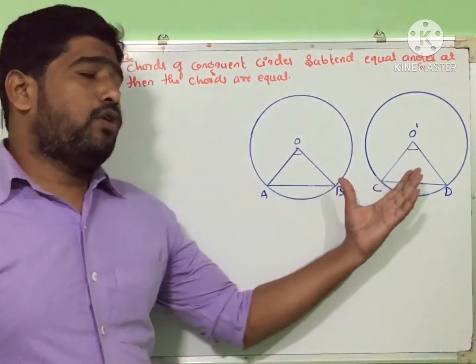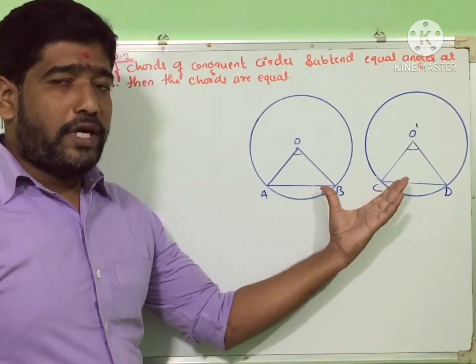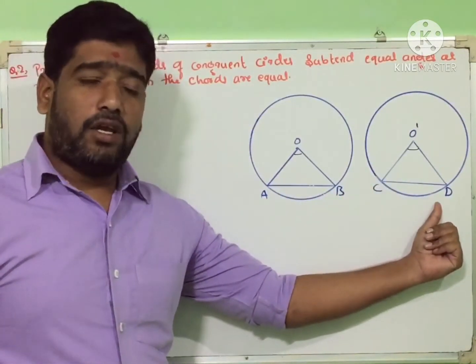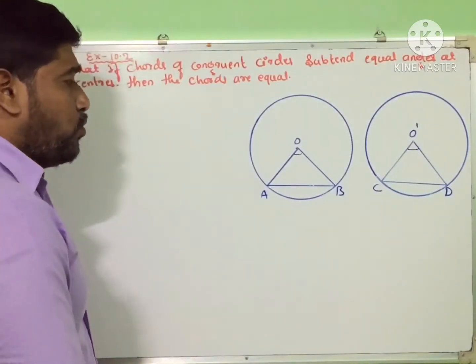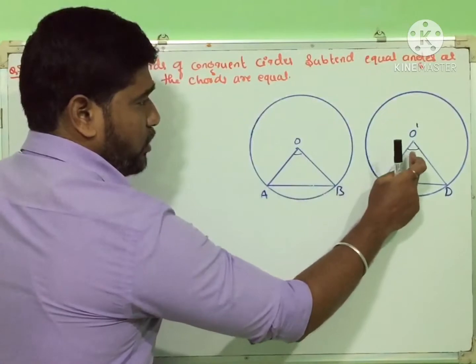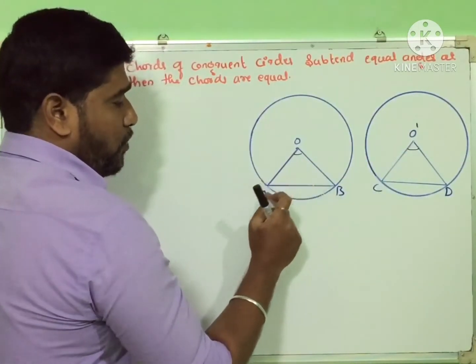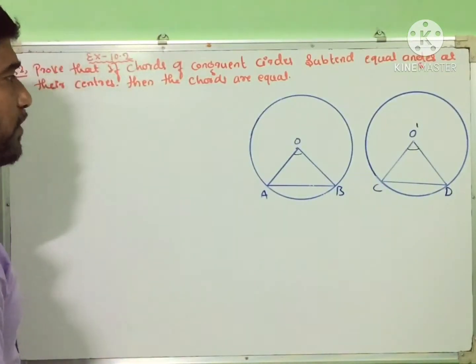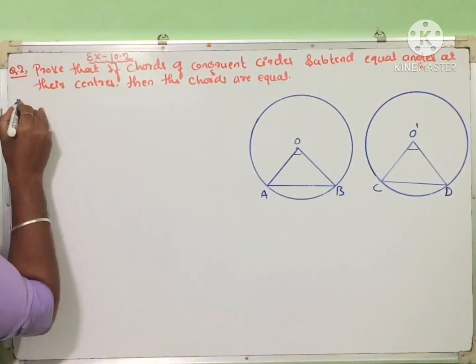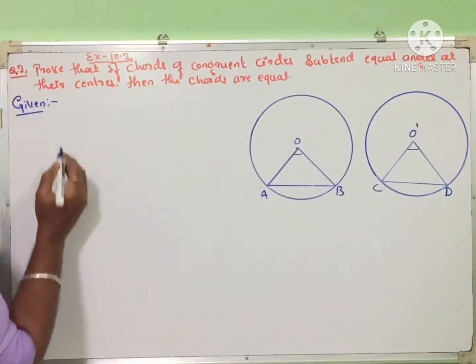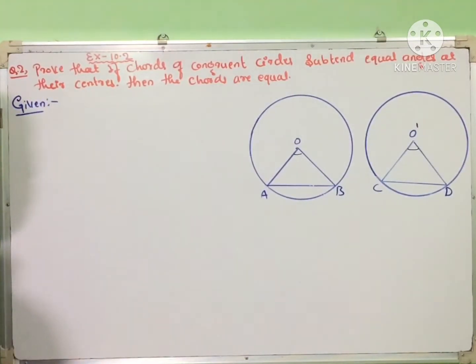So here they given two congruent circles, and here AB and CD are the chords. In the congruent circles they have equal subtended angles. These two angles are equal, and we want to prove here AB is equal to CD, right? So first write down given. So what they given here?